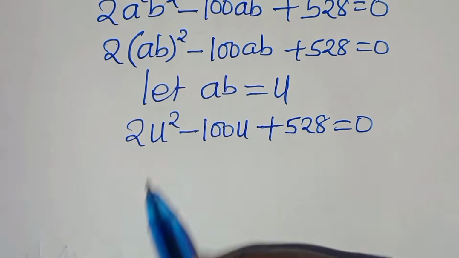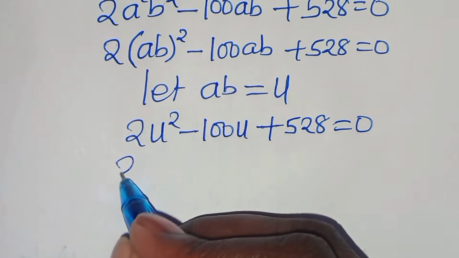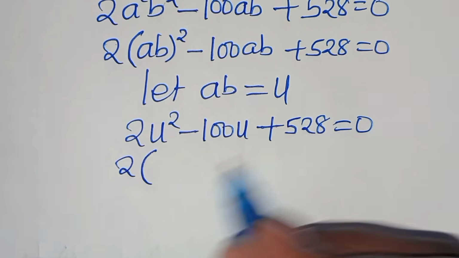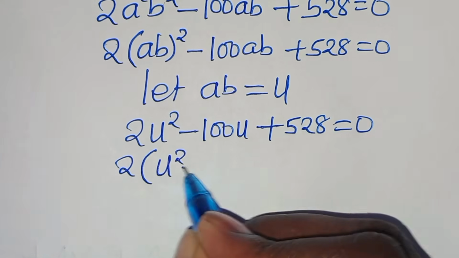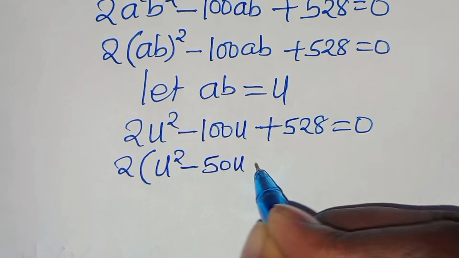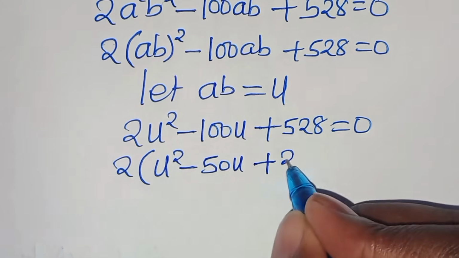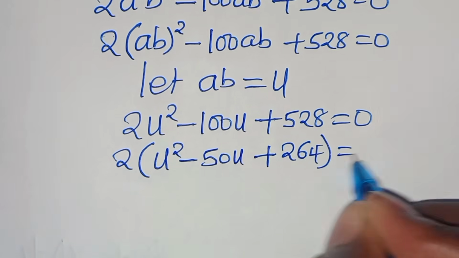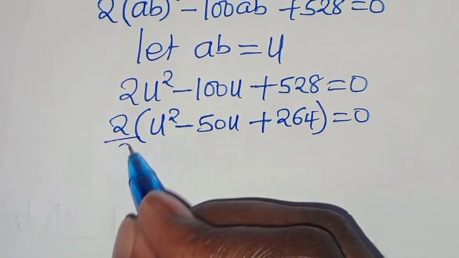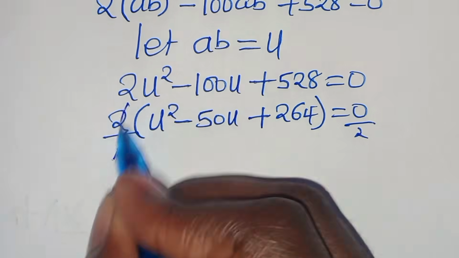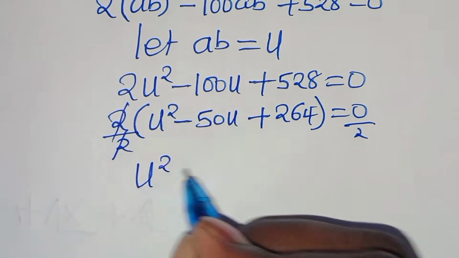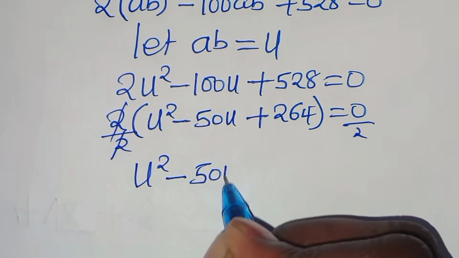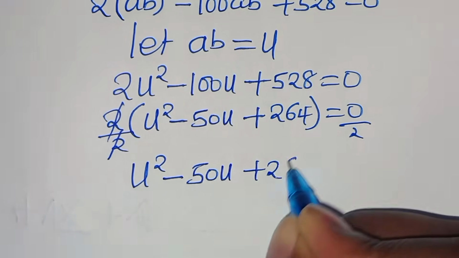Let's factor out 2 and divide both sides by 2, so that we have u squared minus 50u plus 264 equal to 0.